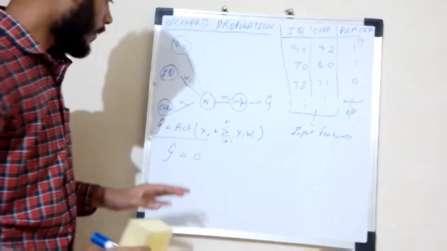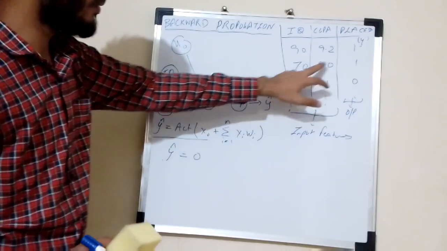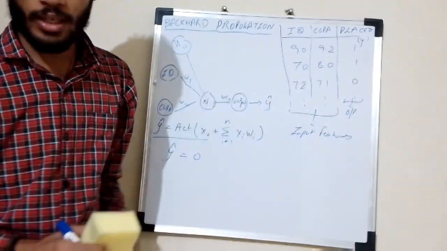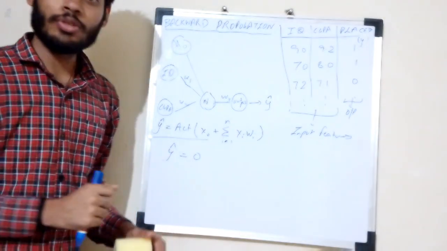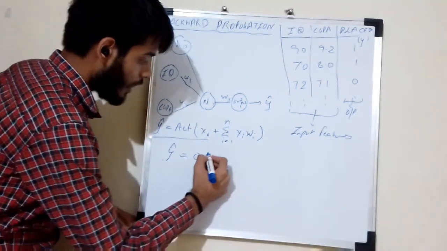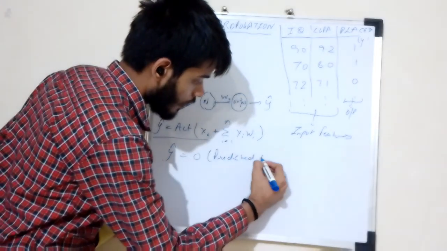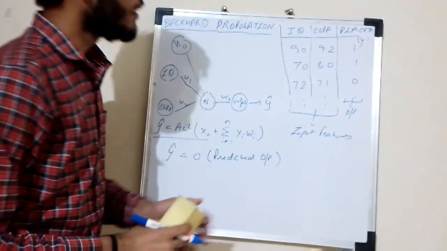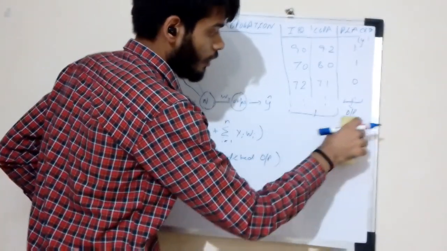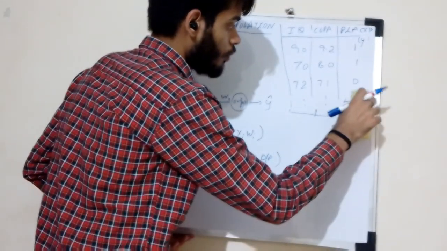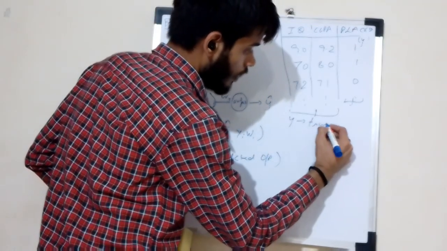Whereas the value for y is 1. What does this mean? We are getting y cap equals 0, which is our predicted output, whereas y is our true output.